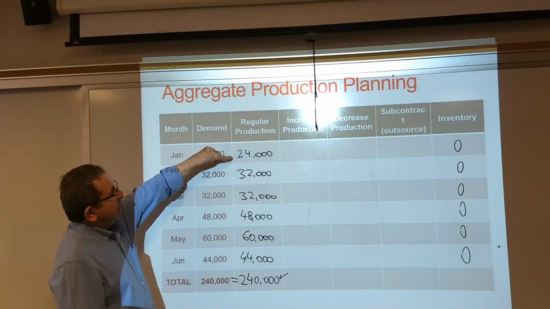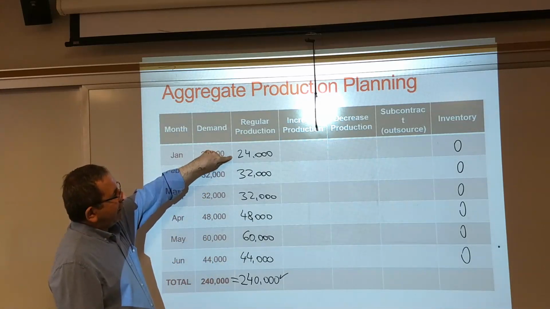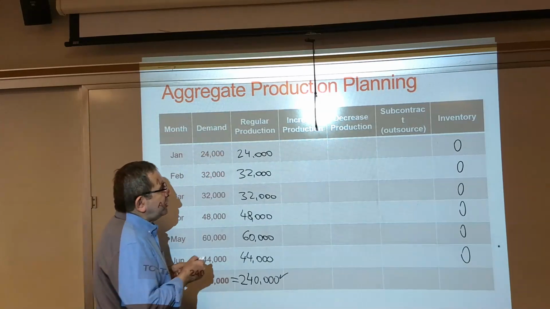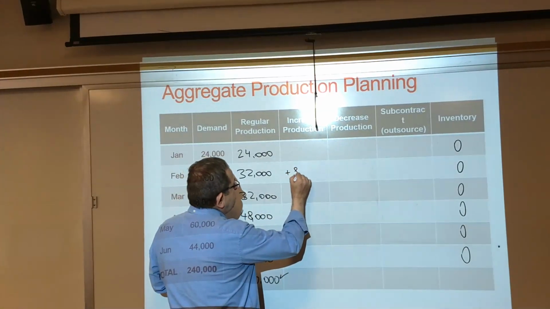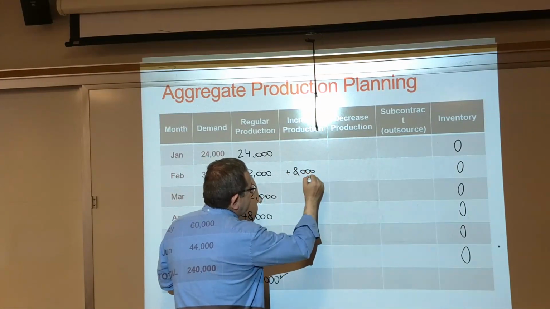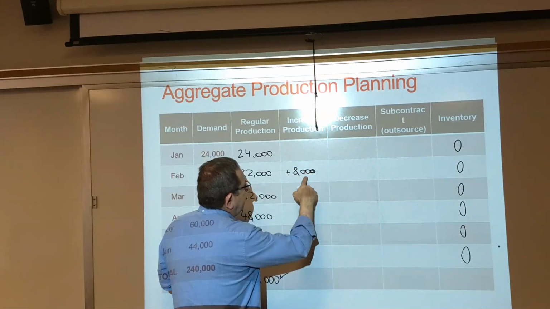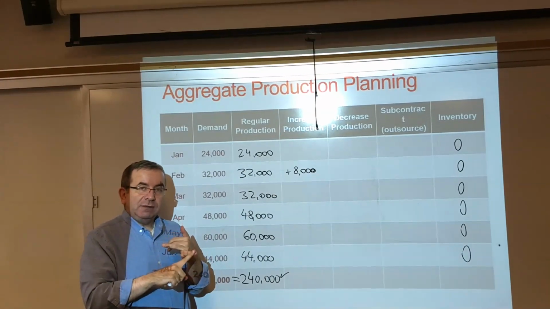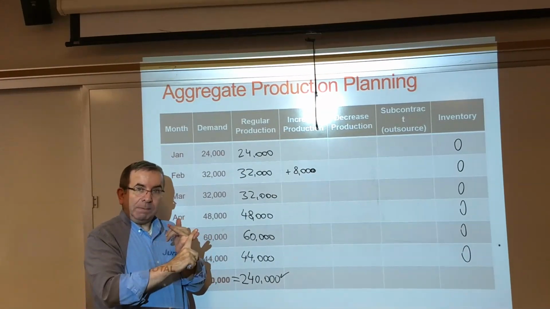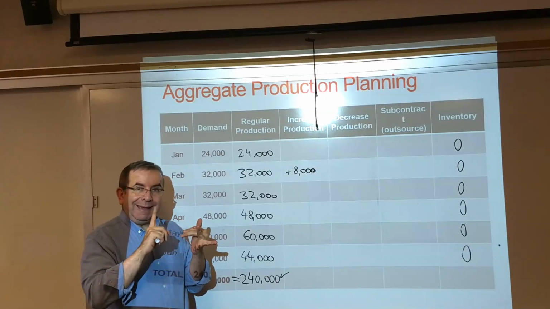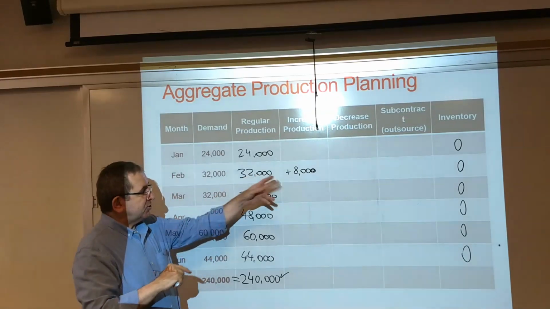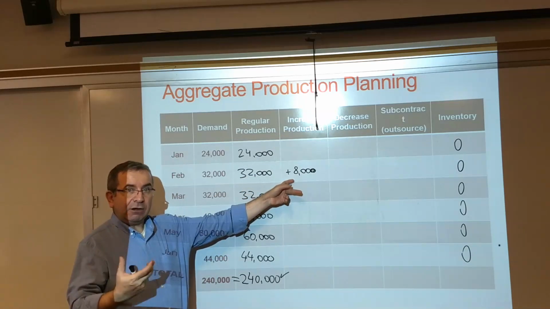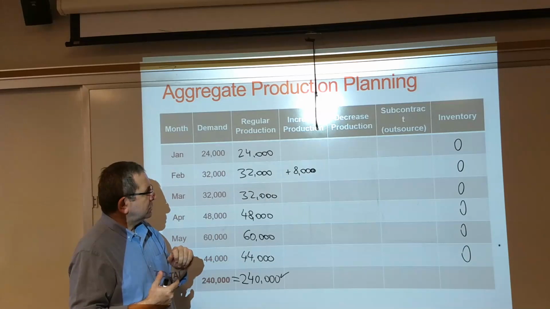For example, when you go from 24,000 to 32,000, you need to produce 8,000 more items. That means you need to buy extra equipment, you need to buy extra supplies, you need to hire extra workers, and there are costs associated with those.